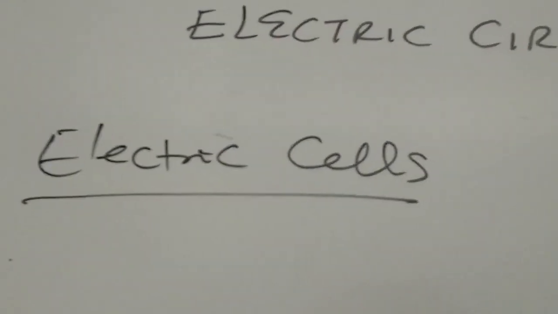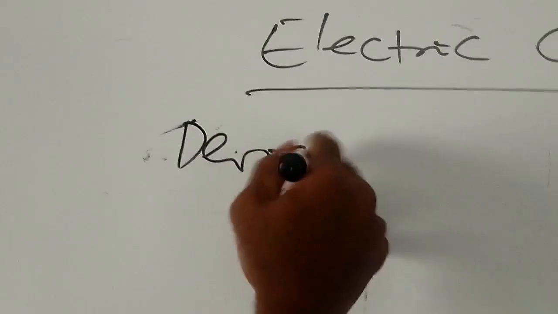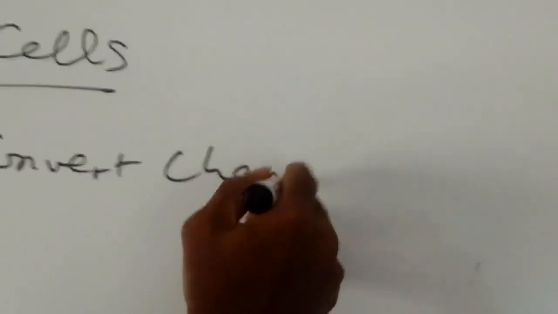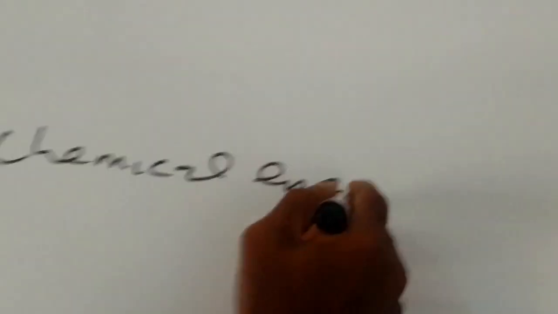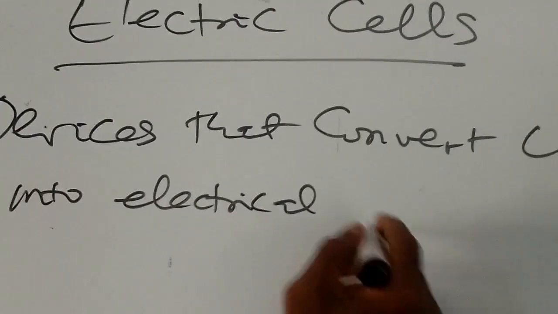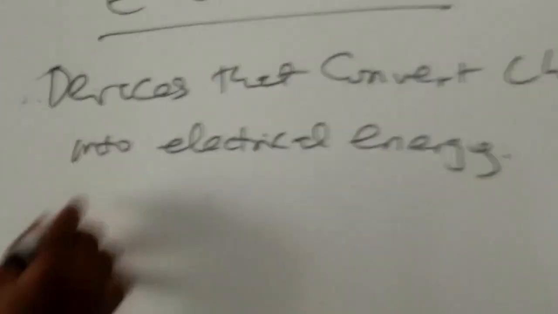An electric cell is a device, or there are devices, that convert chemical energy into electrical energy. We call them electric cells. There are many examples. We have the dry cell, and the inclined cell.